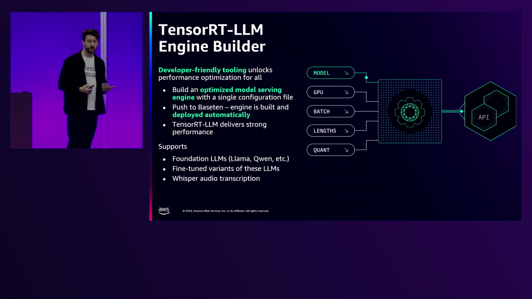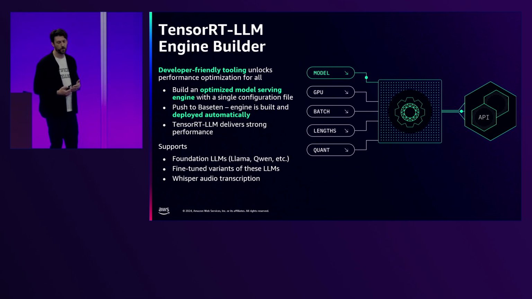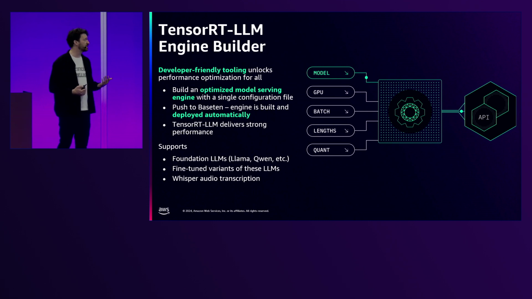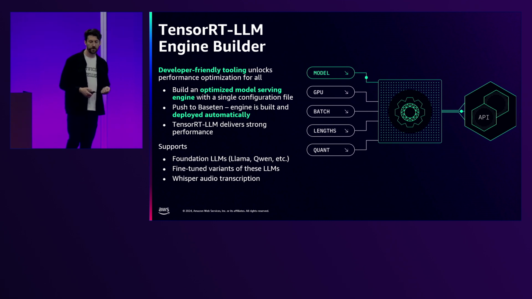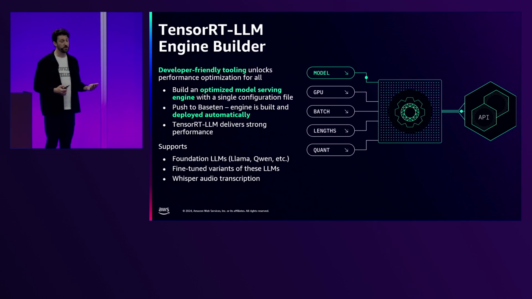Well, part of what we're doing at Baseten is making otherwise complex technologies accessible through developer-friendly tooling, which we're constantly investing in. For example, our TensorRT-LLM engine builder. TensorRT-LLM is a model inference optimization framework from NVIDIA.